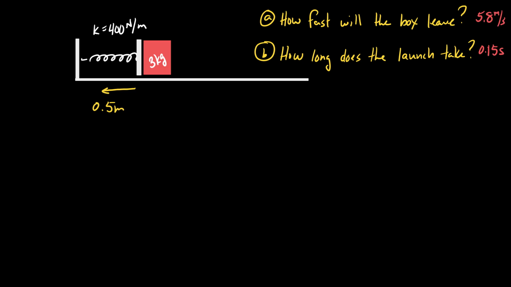I'm going to start with how fast will the box leave? I'm not going to use conservation of energy. I'm going to use the fact that I know V max has to equal x naught times omega. And this omega is a spring mass oscillator, so that's the square root of k over m. I could do conservation of energy and that would work just fine.